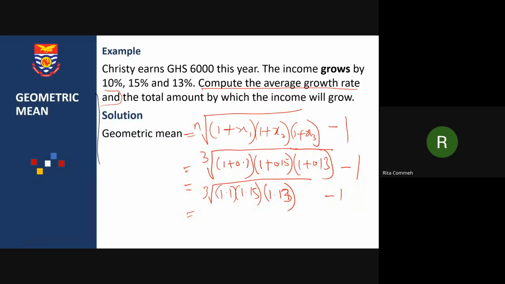I got 1.42945. So we get a cubic root of 1.42945 minus 1. So find the cubic root of your answer.